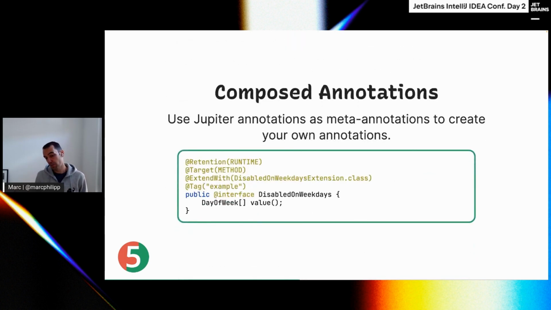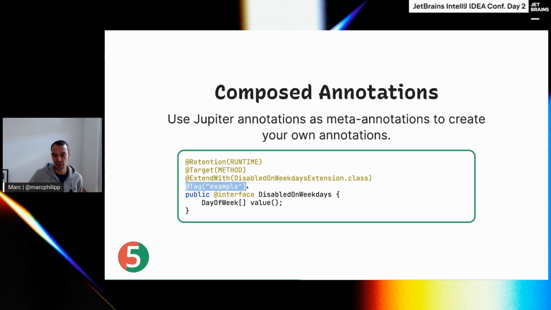One thing that annotation support provides is a way of looking up annotations, not just in a regular way, but also looking up composed annotations. What is a composed annotation? Well, we've already seen one. We had this disabled on weekdays annotation here. We added the extend with annotation, but you can add additional annotations to that.